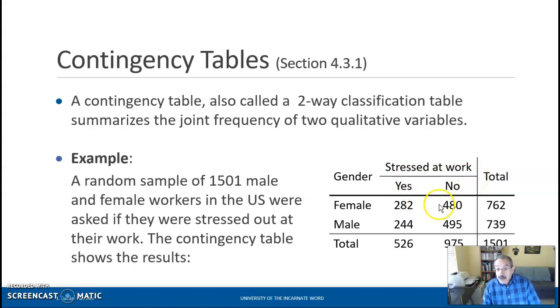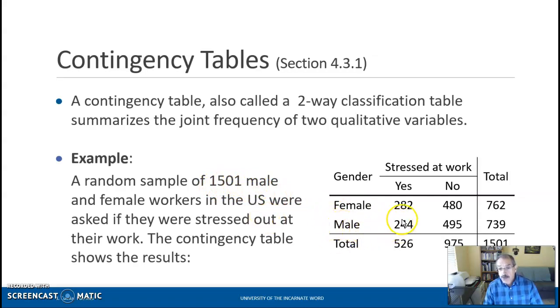All right, let's look at what these numbers are. This 282 says that there are 282 female workers that are stressed, and there are 480 female workers that are not stressed. If you add these two quantities, you obtain 762, indicating that there are 762 female workers in the total number of 1,501 workers.